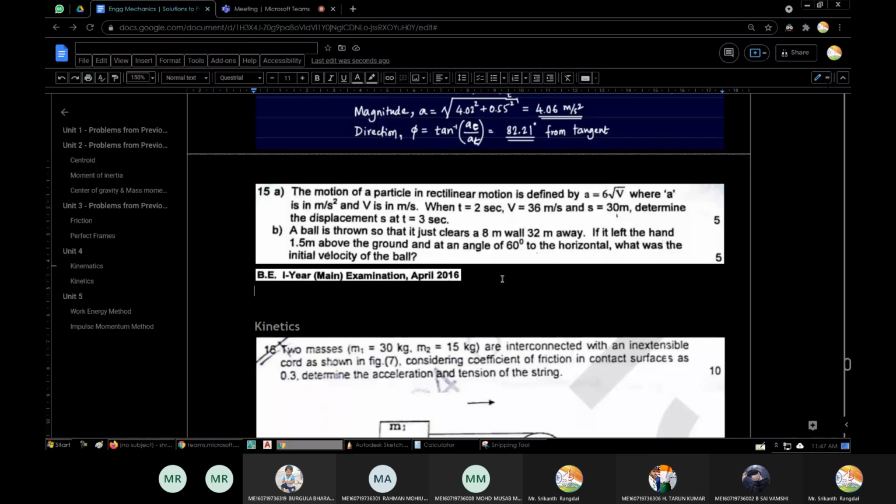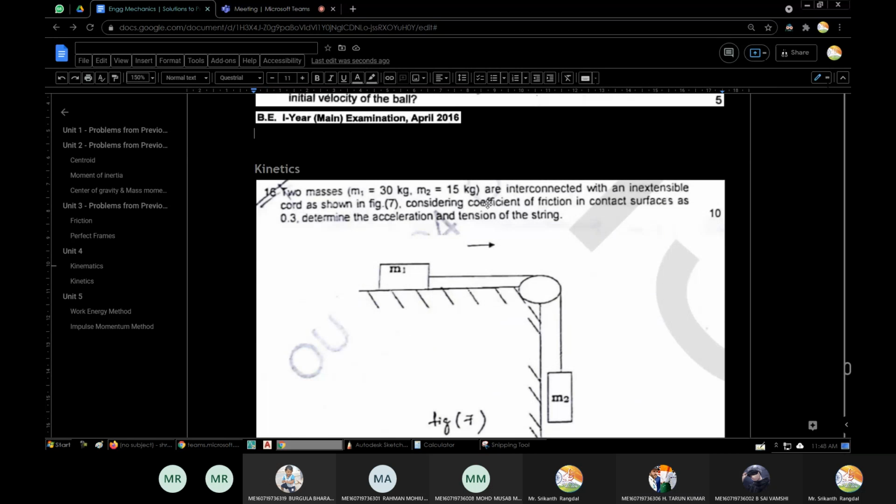Fine. Okay, so next one, which one shall we do? Ball is thrown, motion of particle, rectilinear motion. Sir, can you explain coefficient of restitution and elastic impact?